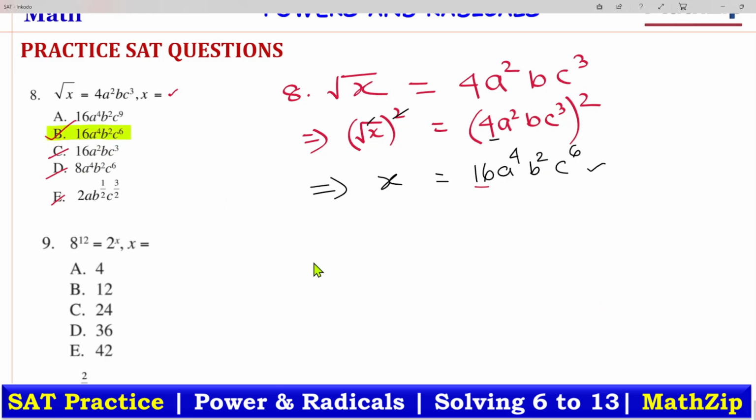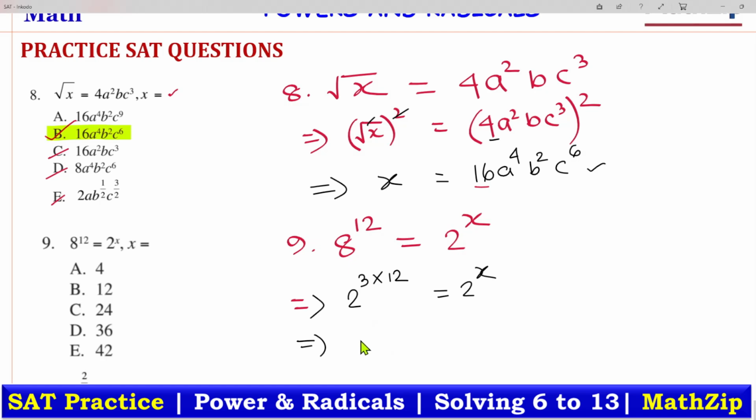Number 9: 8 to the power 12 equals 2 to the power x. We will find the value of x. First, we can write 8 as 2 to the power 3, and here times 12, and here is 2 to the power x.